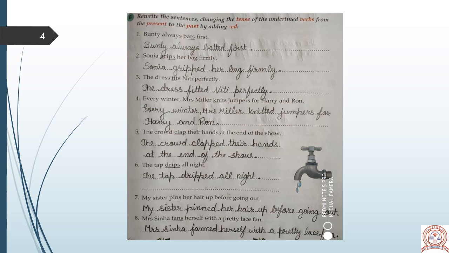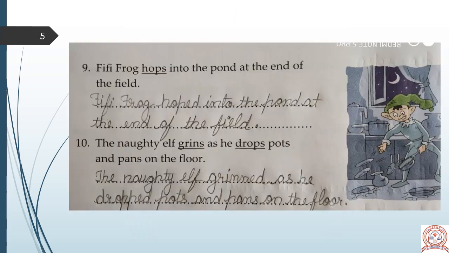And if we add ed, the T will become double like K-N-I-T-T-E-D, knitted. Okay students, now like this only you have to complete this exercise by adding ed to all the words which are underlined, and you have to double the last letter, remember that. These two sentences are on page number 34.